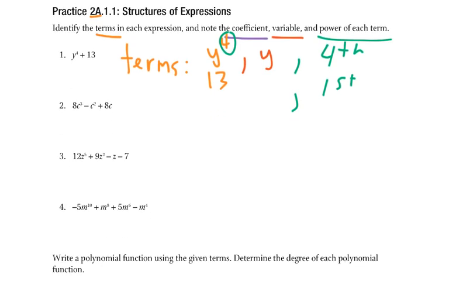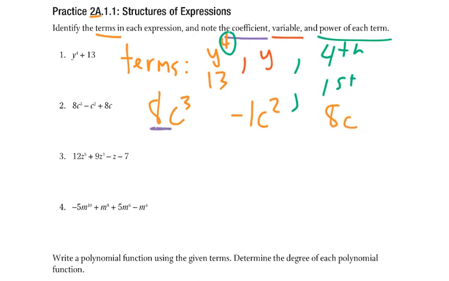So let's take a look at number 2. We have 8c cubed minus c squared plus 8c. So we have three terms. So we've got 8c cubed, negative 1c squared, because it's minus c squared, and 8c. So those are our three terms, right?